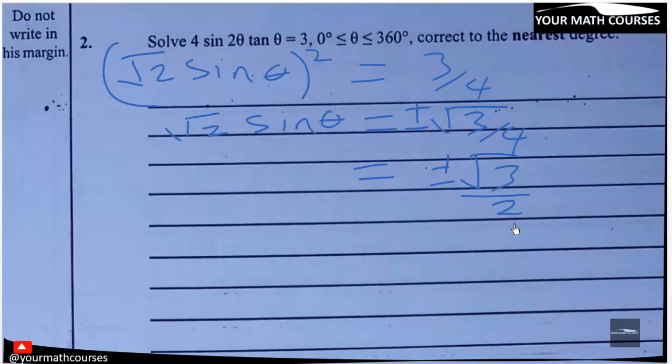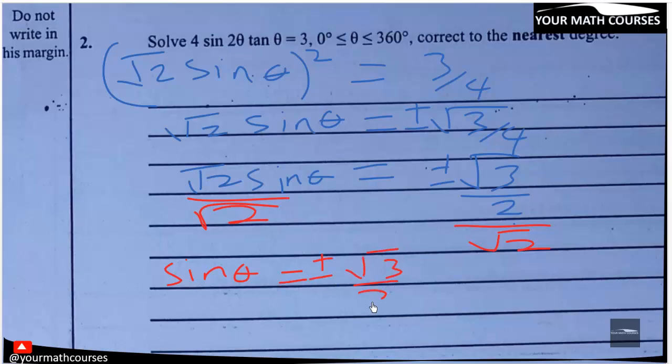Now we can divide both sides by root 2. So this is going to give us sine theta is equal to plus or minus square root of 3 over 2 divided by root 2.